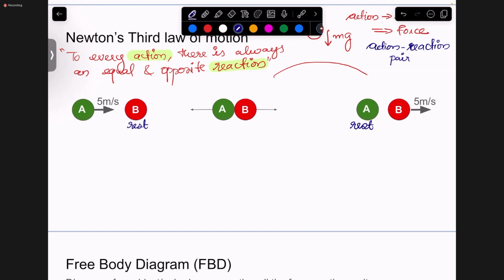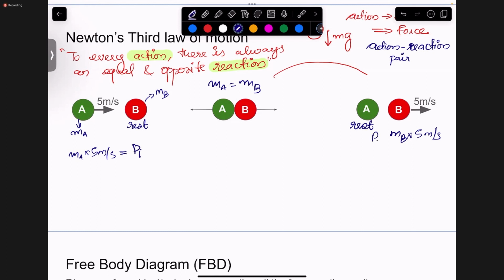If this body has a mass ma and this has a mass mb, the initial momentum is ma times 5 meters per second, and the final momentum is mb times 5 meters per second. This is a situation where ma equals mb, so you can see that initial momentum and final momentum are equal. This is an elastic collision, and we will be learning about it in detail in the next chapter.